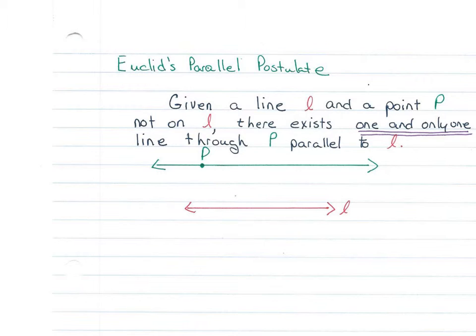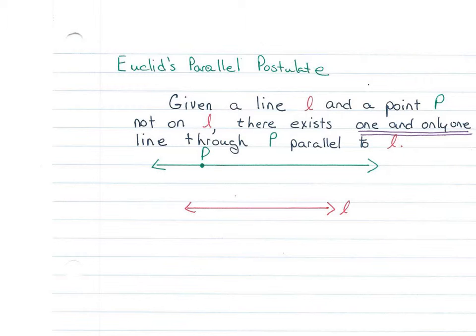We talked about Euclid's parallel postulate. We said that this is the thing that makes Euclidean geometry different than other types of geometry. This will be in your note card section. If you don't have this already down, be sure you've got Euclid's parallel postulate.